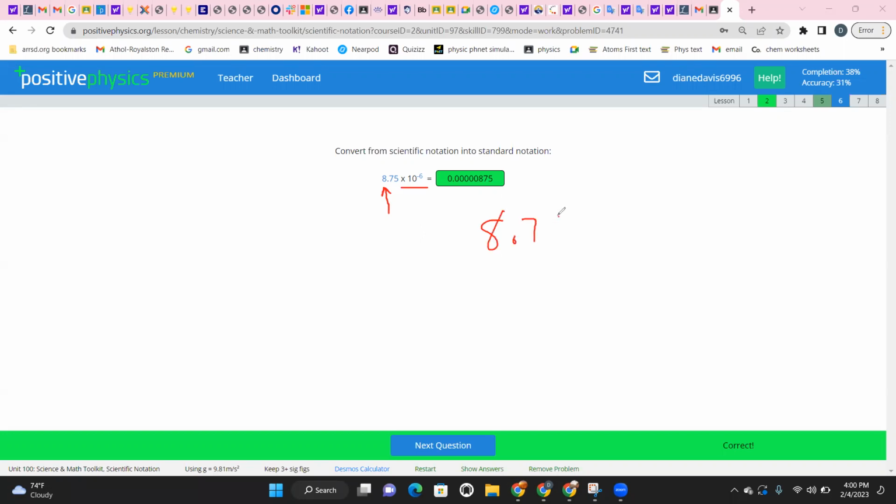So if it's -6, that's 1 to the left, 2 to the left, 3 to the left, 4 to the left, 5 to the left, 6 to the left. So that's 5 zeros, which is what that is right there. 1, 2, 3, 4, 5. And then the 8. Okay, let's move on to the next.